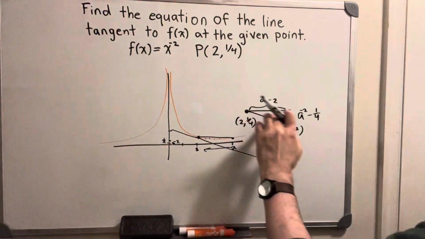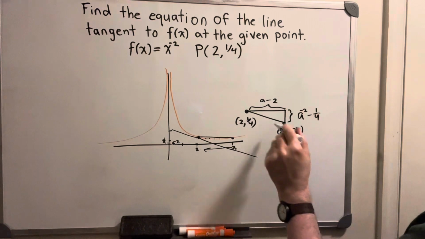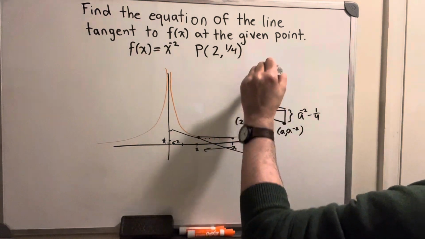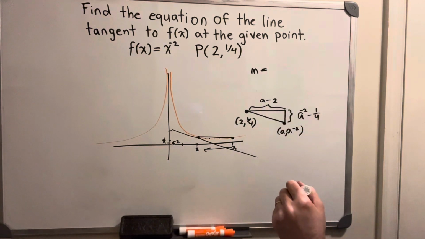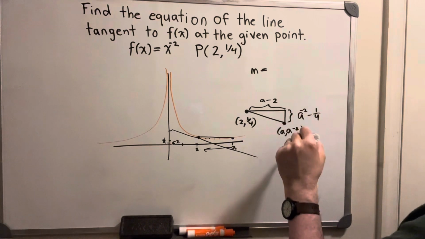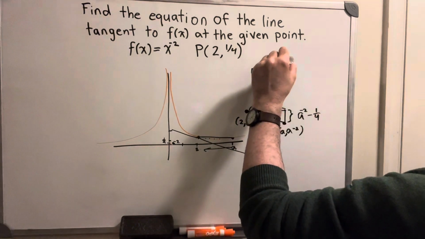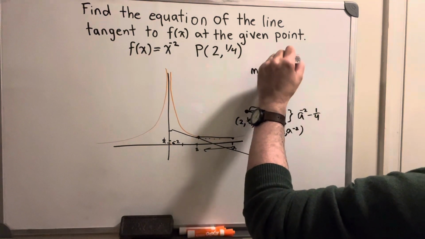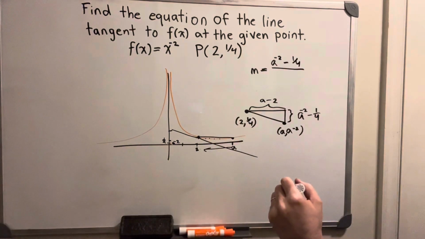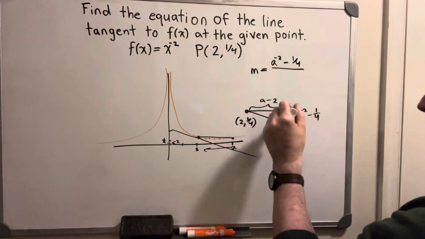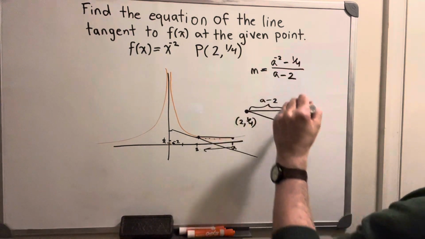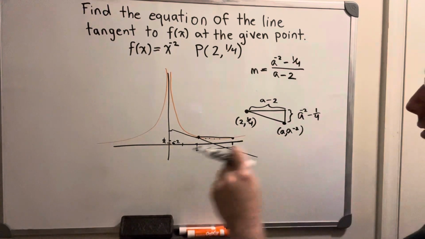Now we have 2 points. We can find the slope of this, can't we? The slope is the change in height over the change in horizontal distance. Okay?